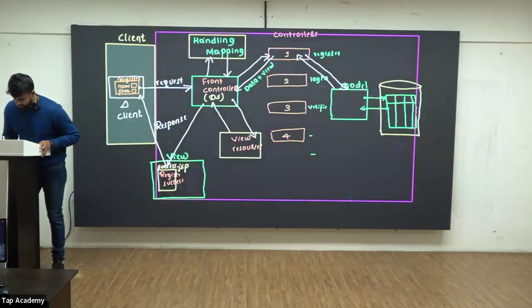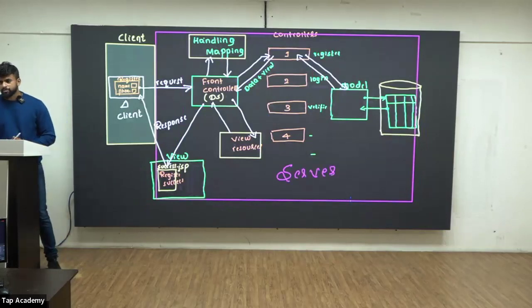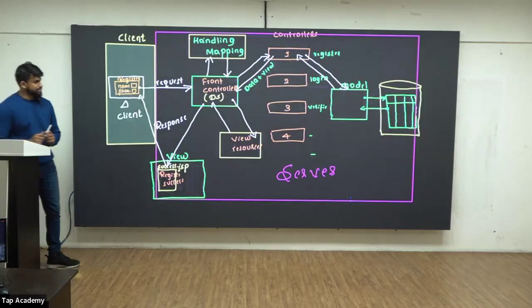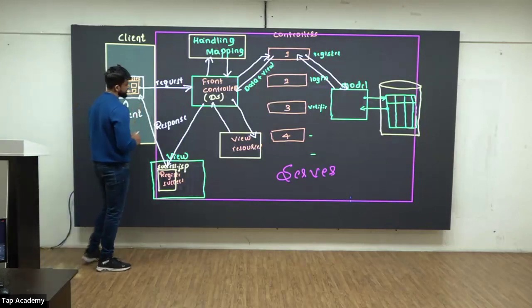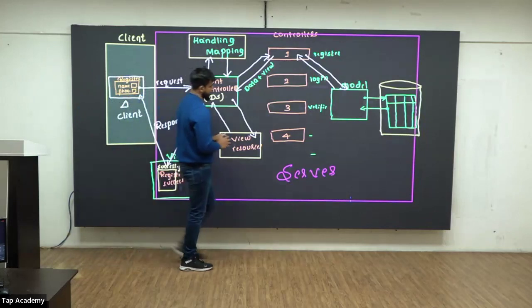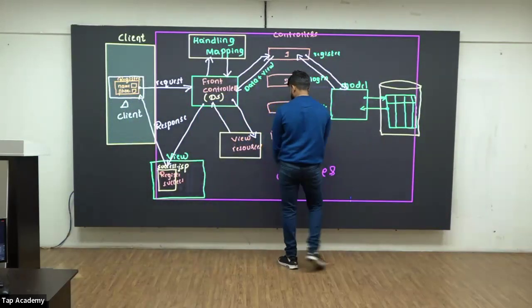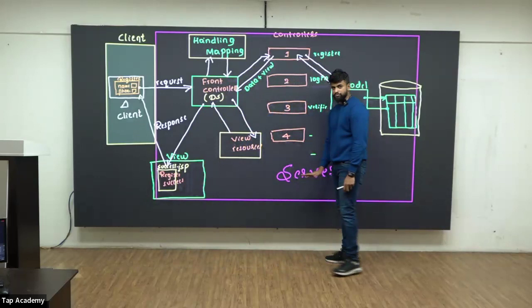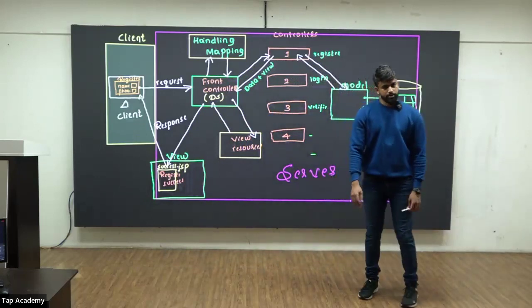Who is he? He is a server, like this. So this is client, this is server. Whatever you are doing here, all of these things, you are doing in the server. Got this, all of you?